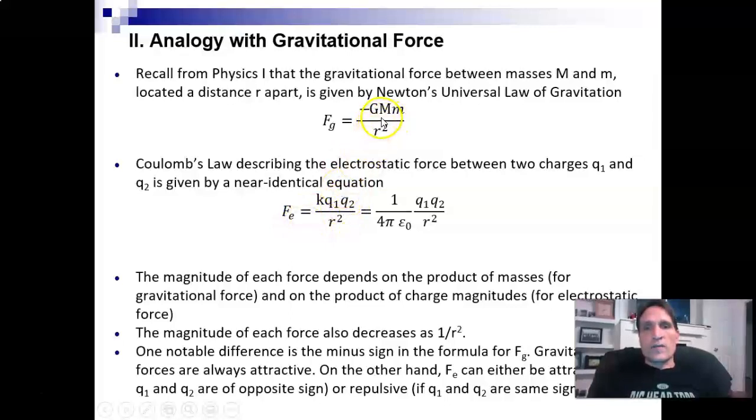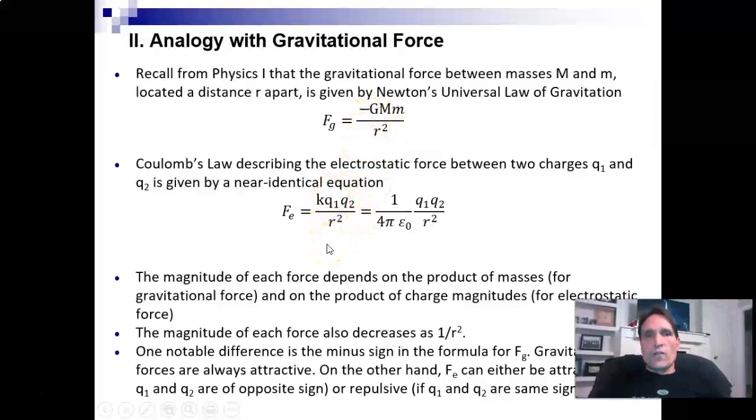And here, instead of big M times little m, the product of the masses, we have the product of the charges. The magnitude depends on the square of the distance, and then they each have a different constant. So the equations for the Coulomb force and the gravitational force are almost identical except for the sign.